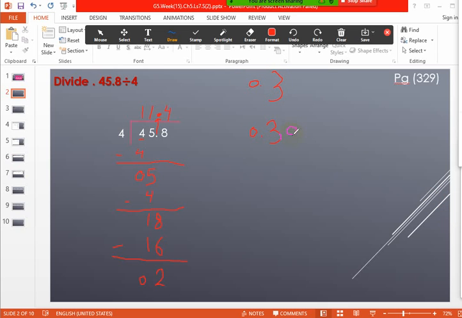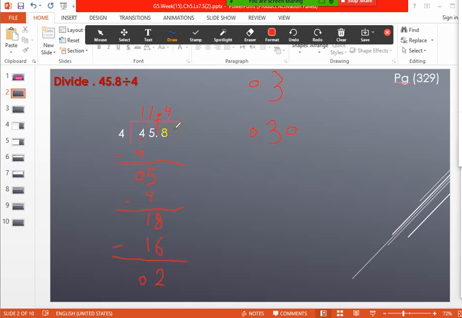I can write it or I can erase it. It will give me the same value. But those digits, I will use when I have a remainder. Why? Because I have a decimal part here. So the decimal part will help me to give me a digit here after the 8.